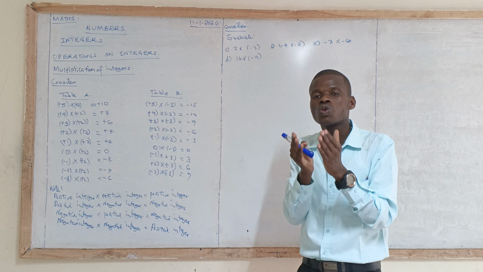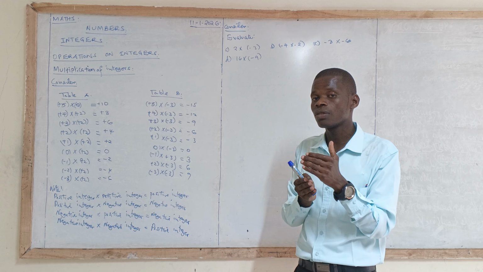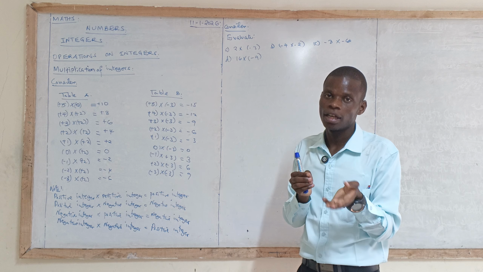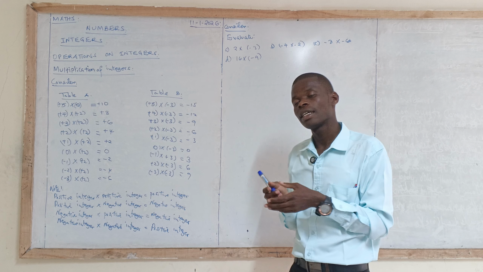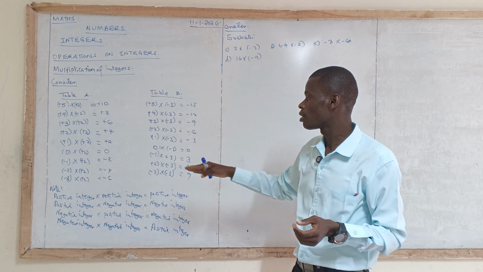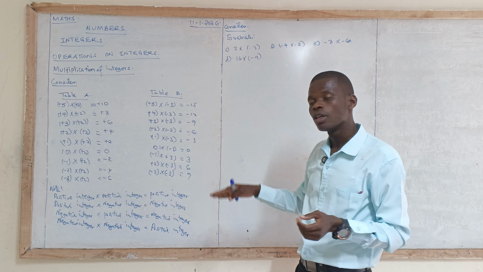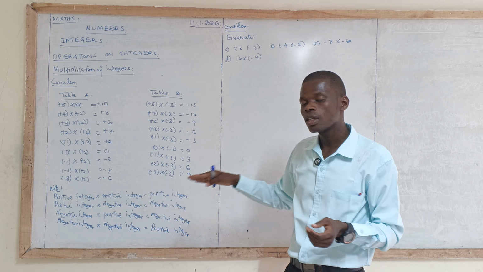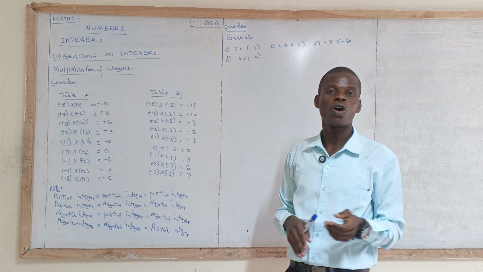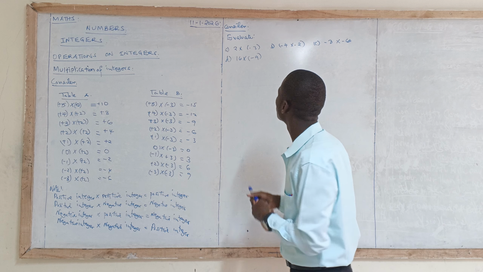So multiplying two similar signs gives us positive, and two unlike signs give us negative. Negative, negative, positive. Positive, positive, positive. Positive, negative, negative. Negative, positive, negative. So that's a rhythm. You can create that. But no need of that.